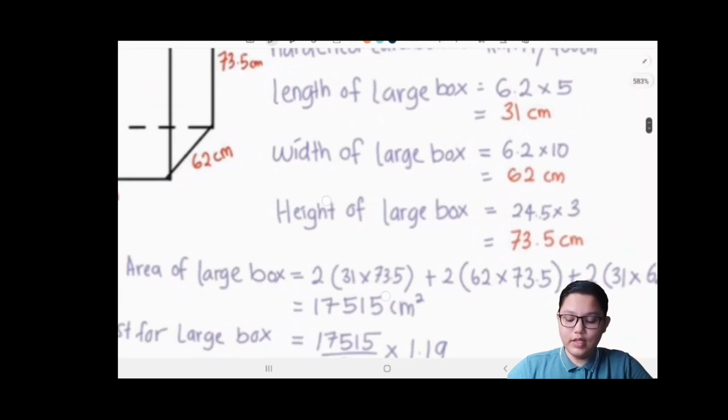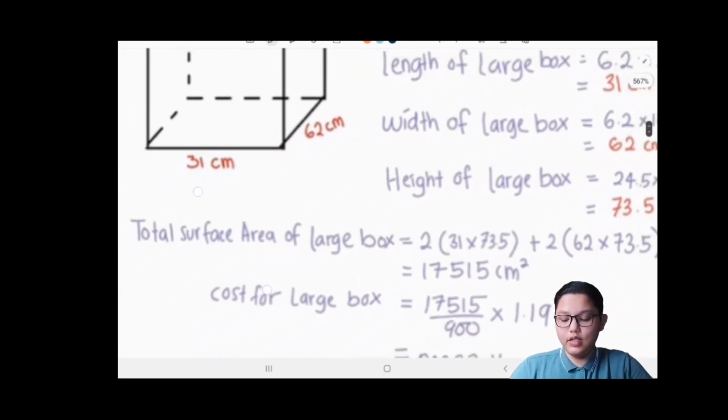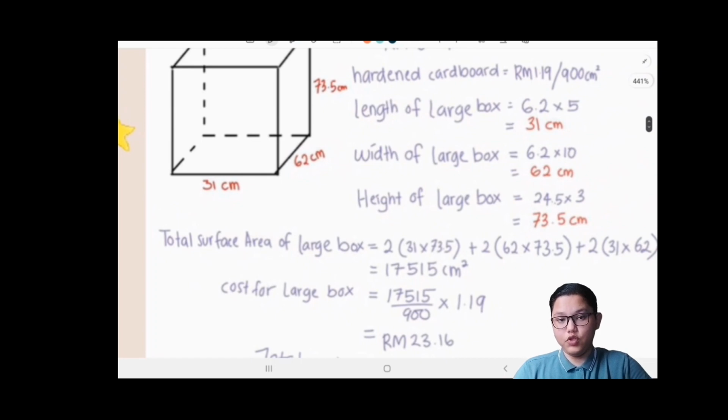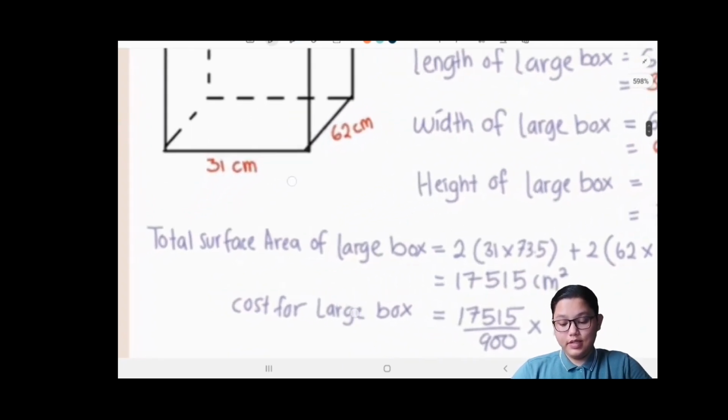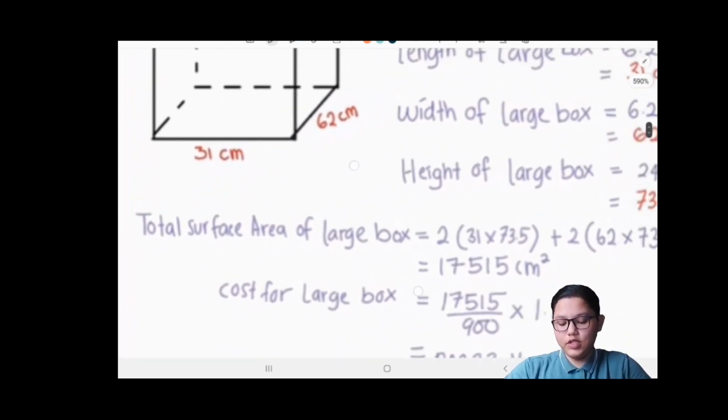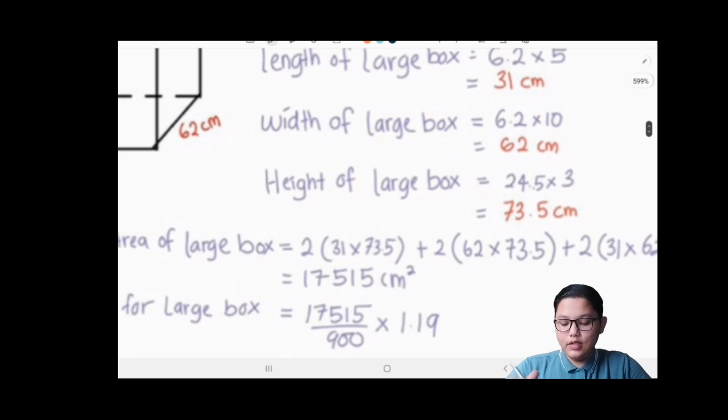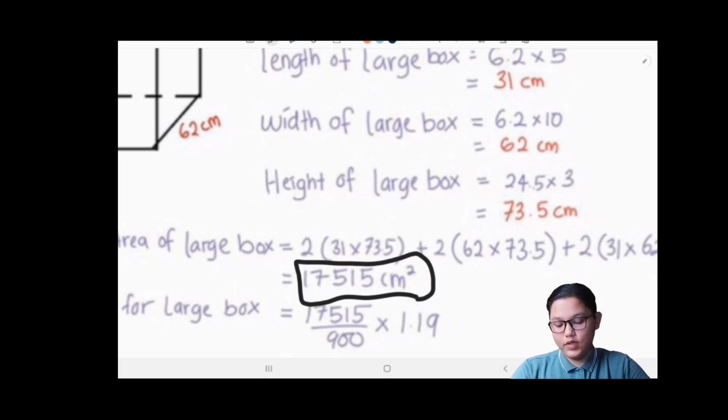From this data we can now calculate the total surface area for the large box so that we can calculate the cost later on. All we need to do is apply the same surface area formula for the large box. After the calculation, we now know that the total surface area for the large box is 17,515 centimeters square.